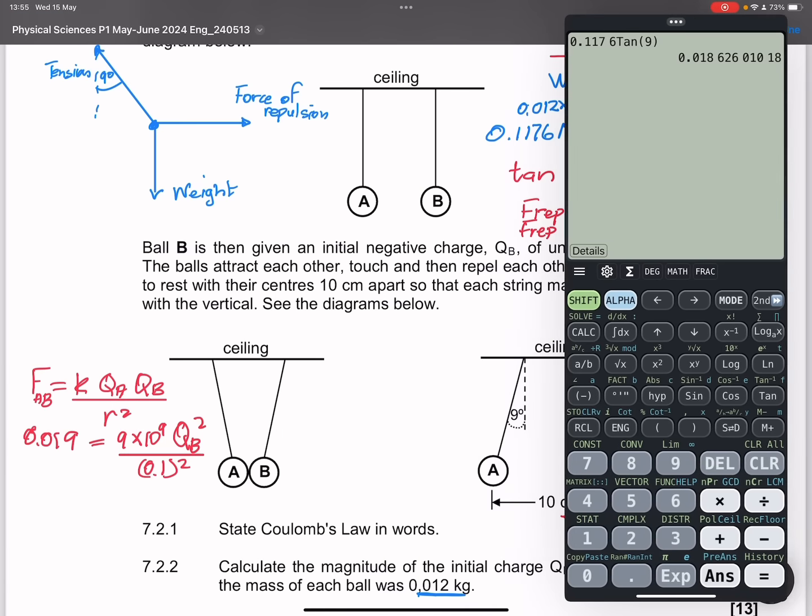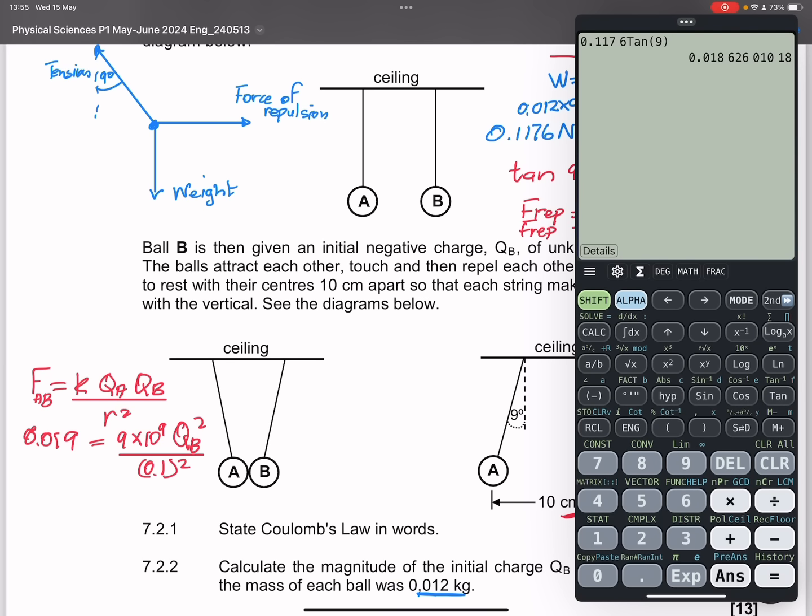Right, ladies and gents, I'm going to take that value. Since I have it, I still have it, right? I'm going to say, right, cross multiplied by 0.1 squared, okay? And I'm going to divide by 9 exponent 9, okay?